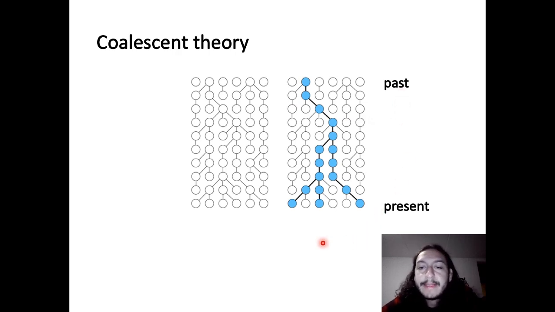If you derive this model of coalescence mathematically, then you see that the time it takes from the past to the present, well, if you are simulating to the past, the time it takes to coalesce to one single individual, is usually the effective population size.